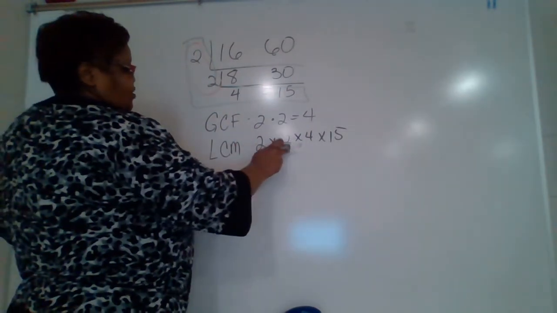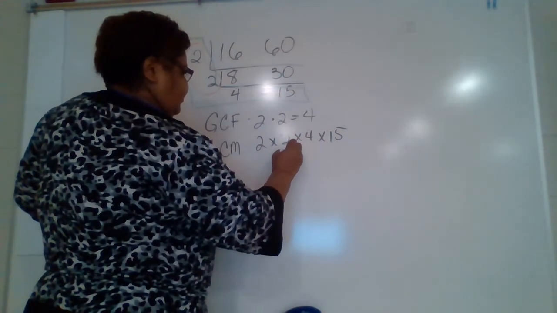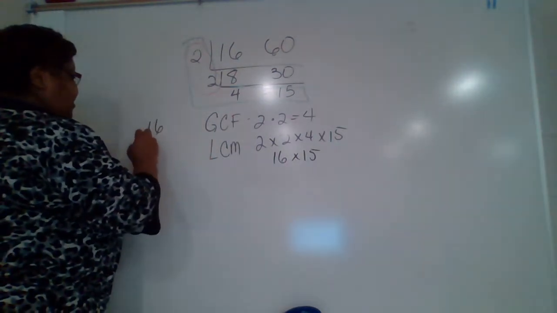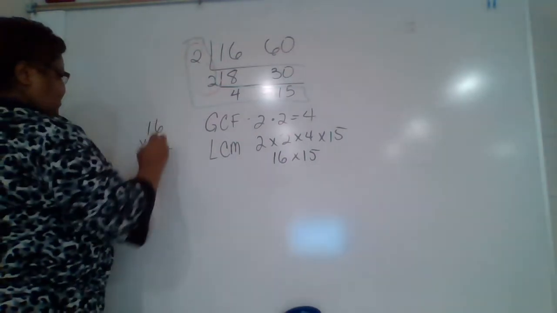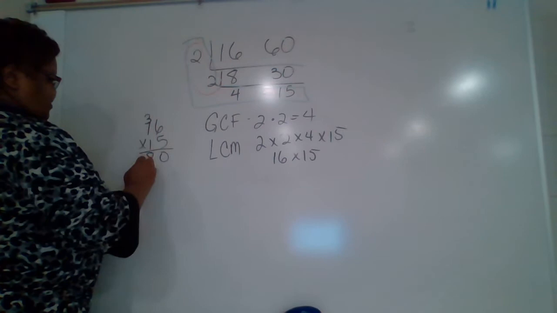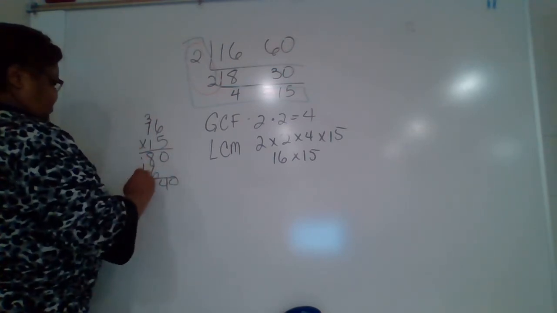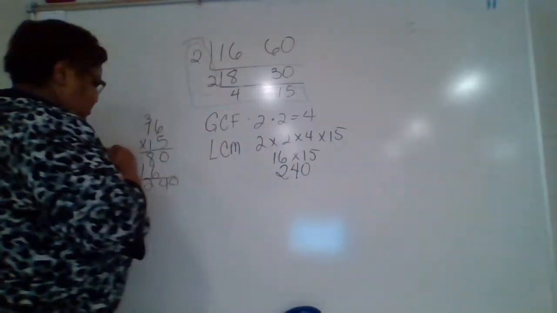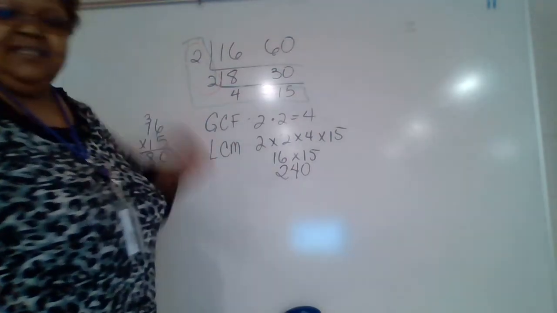So this is 2 times 2 is 4, times 4 is 16. I don't know what 16 times 15 is, so I'm going to go off here to the side and do some multiplication. 5 times 6 is 30. Carry my 3. That's 8. 1 times 6 is 6. There's nothing wrong with doing a little old-fashioned math every now and again. Get that scratch paper out. Nothing wrong with that. All right, so my LCM is 240.